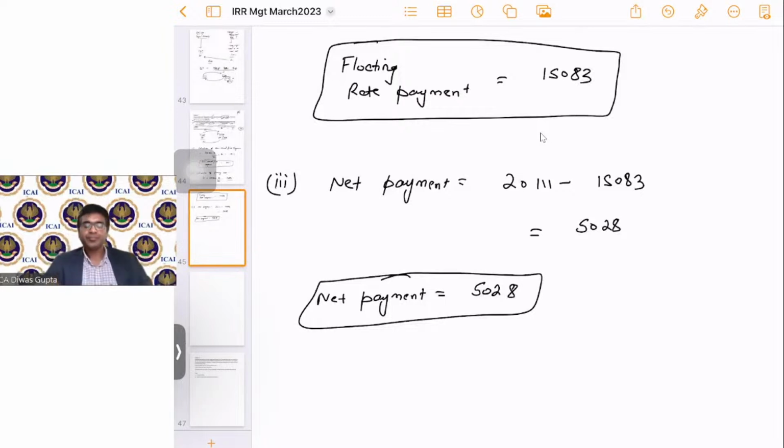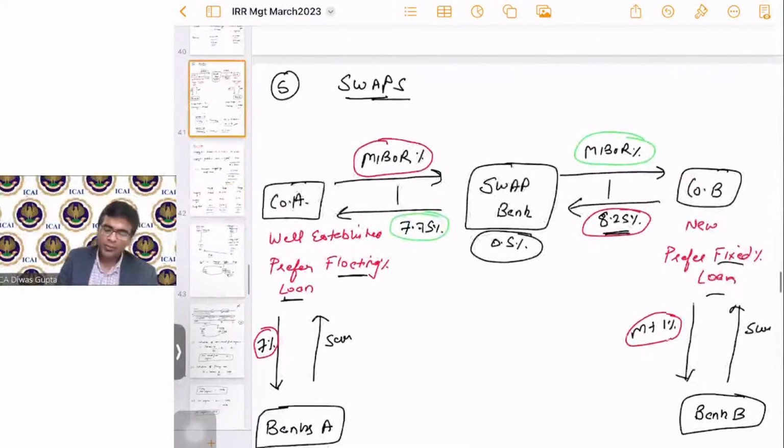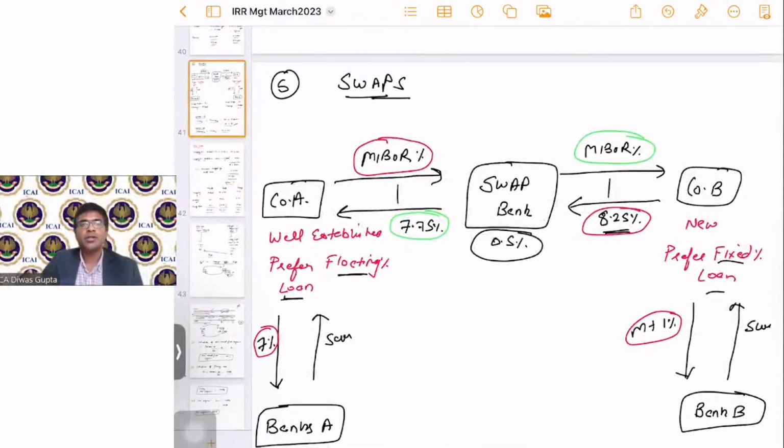Okay, yeah. So welcome back, students. We'll come to the last part of this session in which we discussed swap. Swap was the last topic to study.